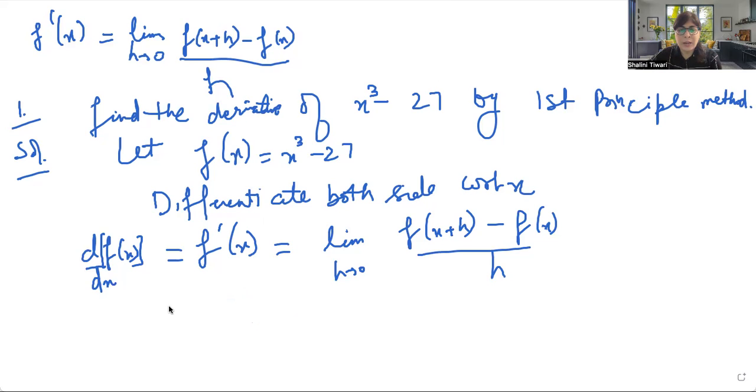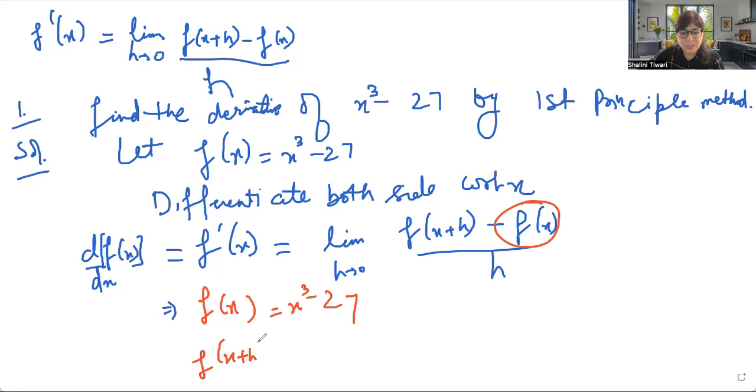As we know, f of x here is, I'm writing it in a different color so that you can understand the things very well, f of x equals x cube minus 27. This is as it is.